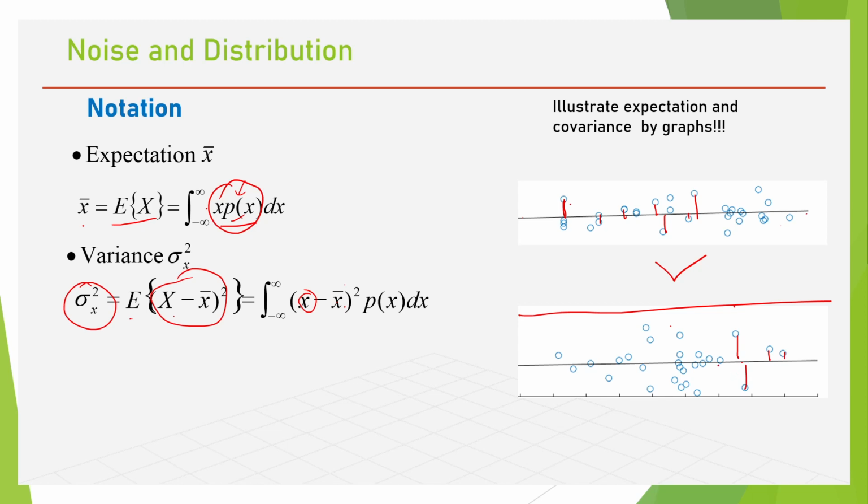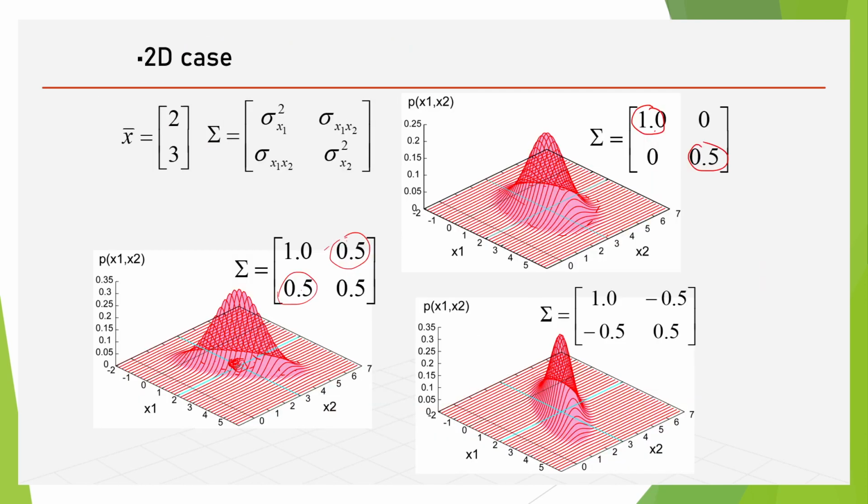Distance square like this, distance square to the line. But if I have a line here, the estimate h hat here, you can see the line here is very far away, right? So this one is not the best estimate because the variance is not the minimum value. But this line has the minimum value of variance. So here is the idea.